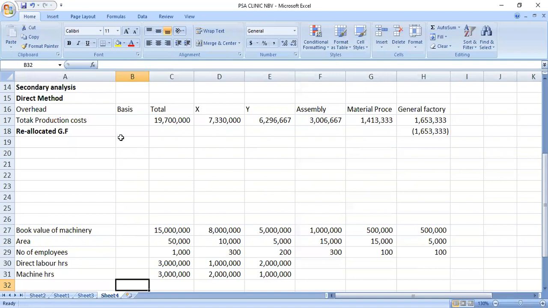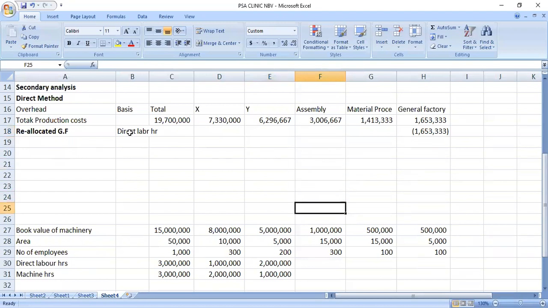Okay, but personally, I think the basis here is direct labor. I mean, it is support. So let's say labor. But if you think otherwise, feel free to share. Okay, so indirect method, we only concentrate on people who are going to benefit, who are going to share. So because of that, we're saying it's X, Y, and assembly.